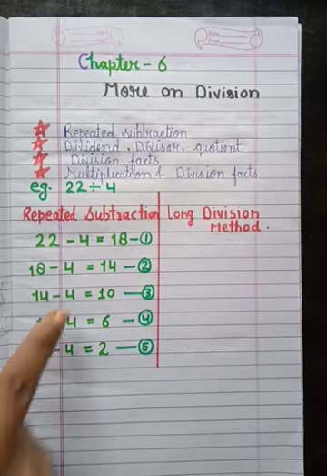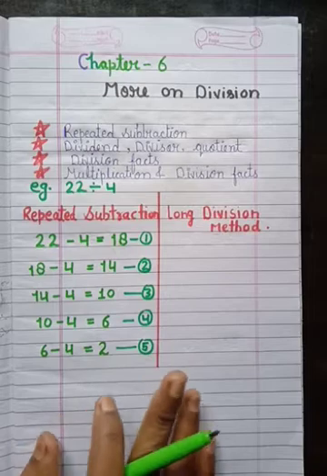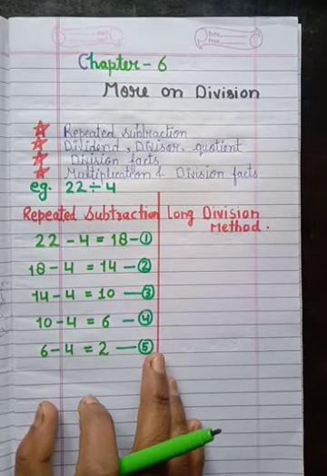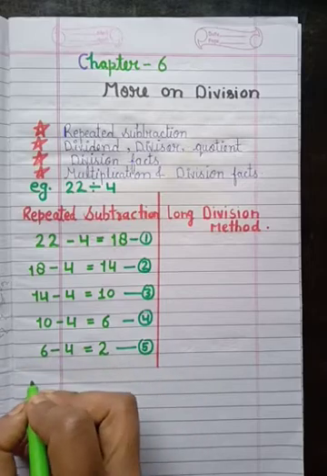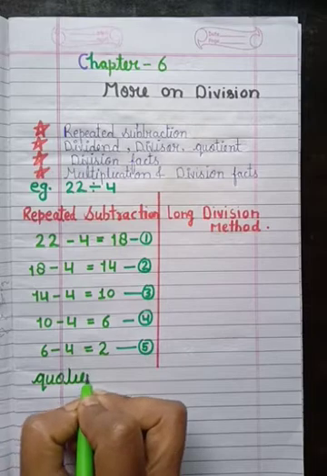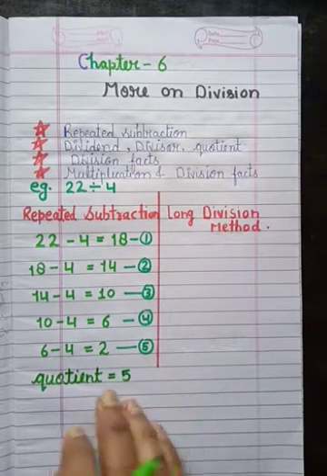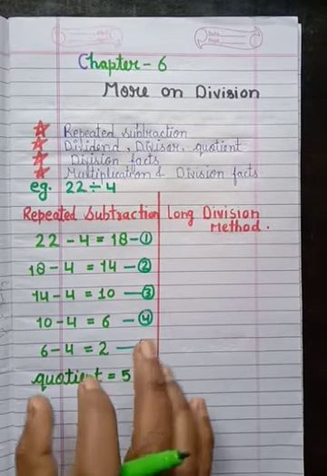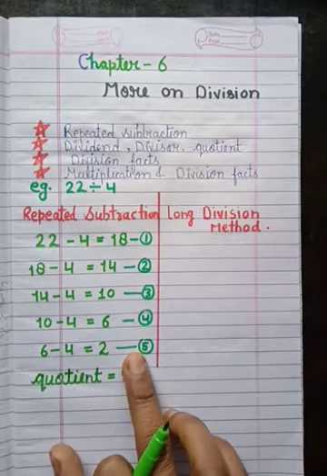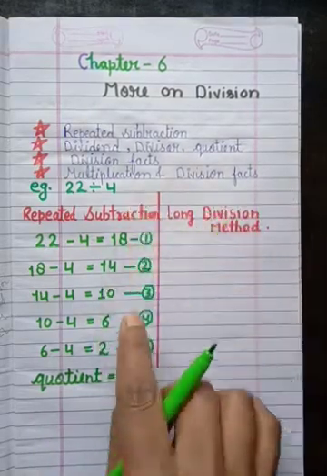How many steps are involved? 5. So the quotient will be 5, because quotient is equal to the number of steps, and here 5 steps are involved.